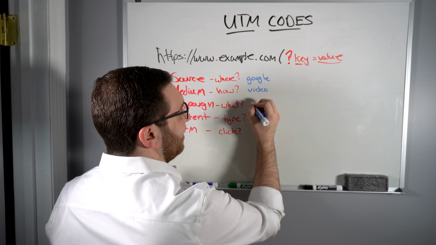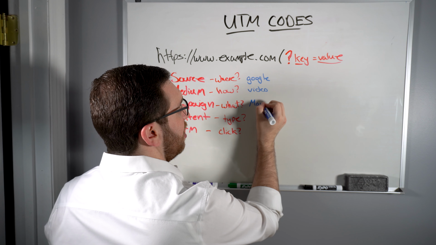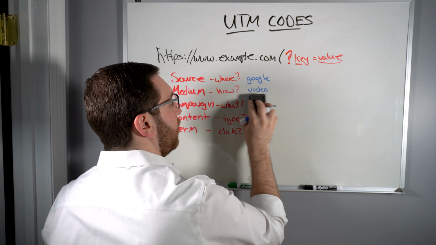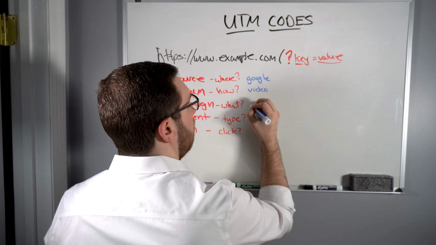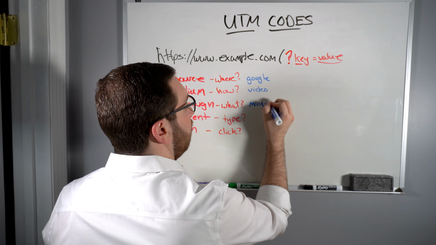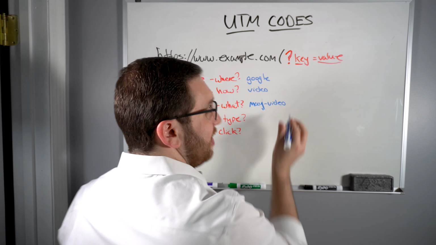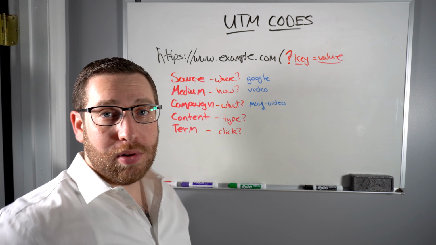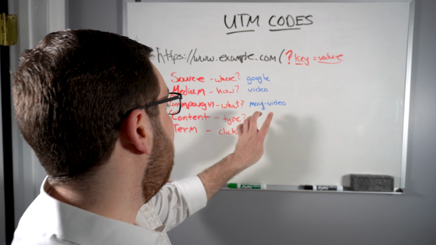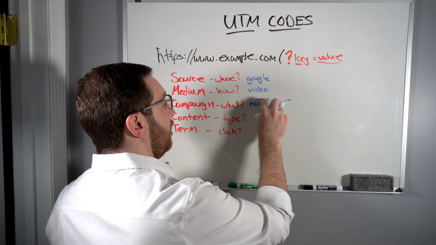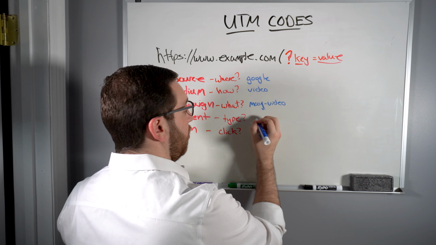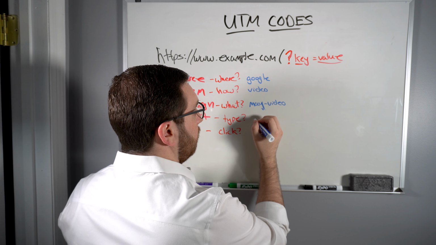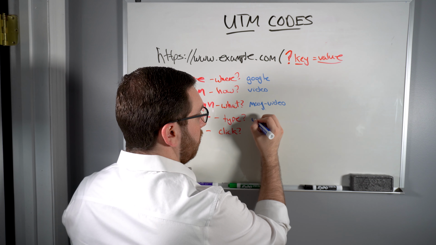let's say May. Actually, let's stick to all lowercase, best practices here, right? So may-video, just because I have a May video campaign, for example. That would be the campaign name. Content, I don't know, let's call it whiteboard.